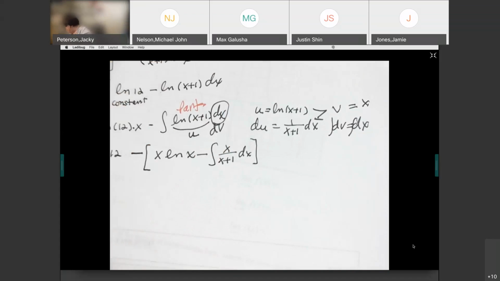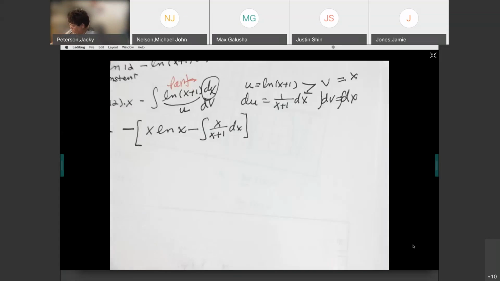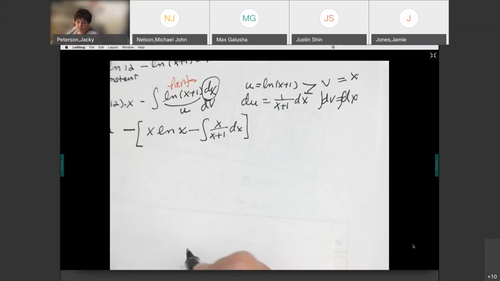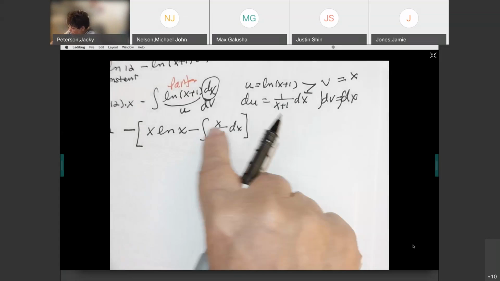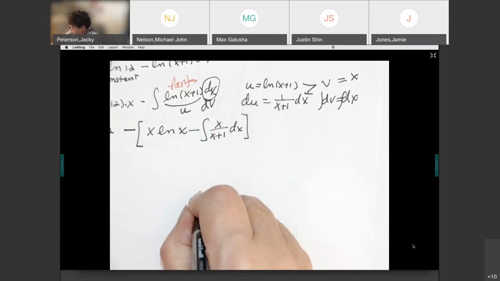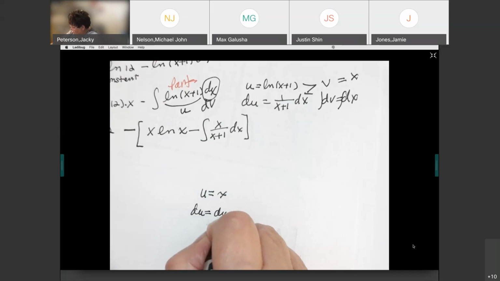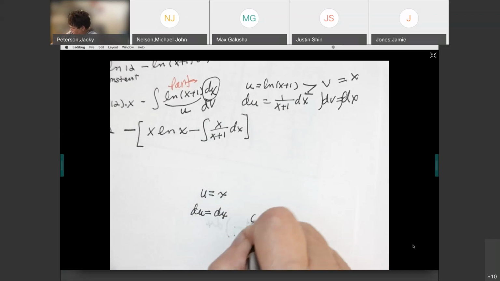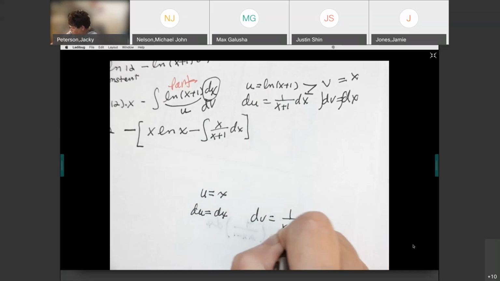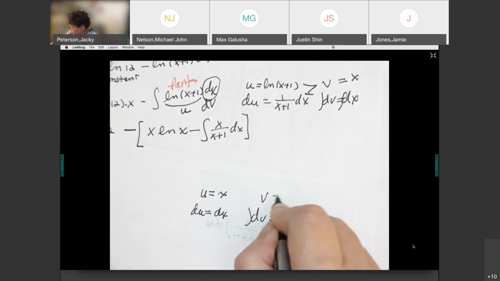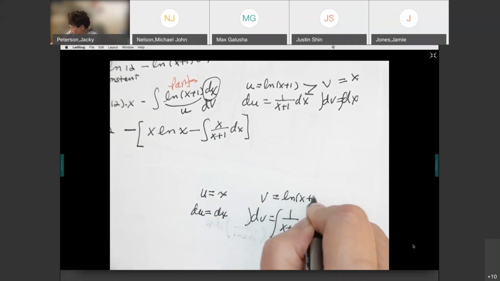And if I were going to try to do parts on this thing and do my normal approach, and say, well, I've got to kill the x, then I would say that du just equals dx. That leaves dv as 1 over x plus 1 dx. And I say, oh, I can integrate that. This is just the natural log of x plus 1.